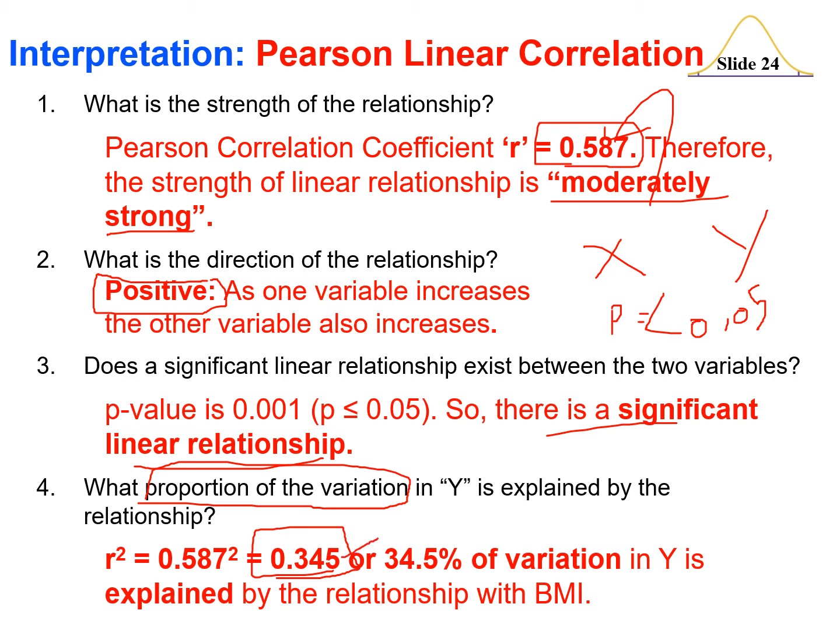It means that 34.5% of variation in y, which is blood sugar, is explained by the relationship with body mass index, or is explained by the factor, which is body mass index. In other words, body mass index is responsible for about 34.5% of variation among patients regarding blood sugar.